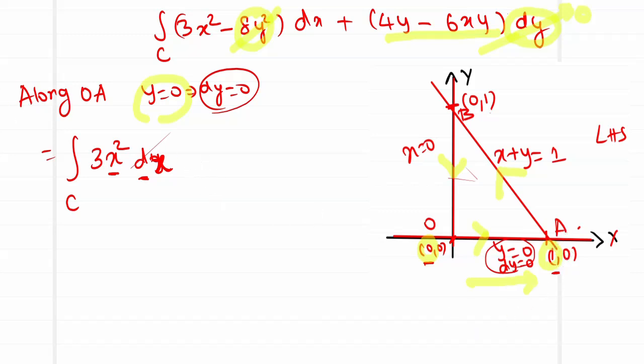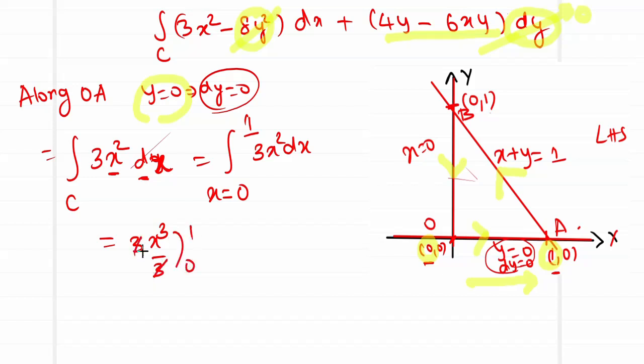So it becomes clear that my x varies between 0 to 1. Hence, I can evaluate the integral of 3x square dx as x cube, that is 3x cube by 3, between the limits 0 to 1. So that makes it 1. So for my first division along the line OA, the answer obtained is going to be 1.